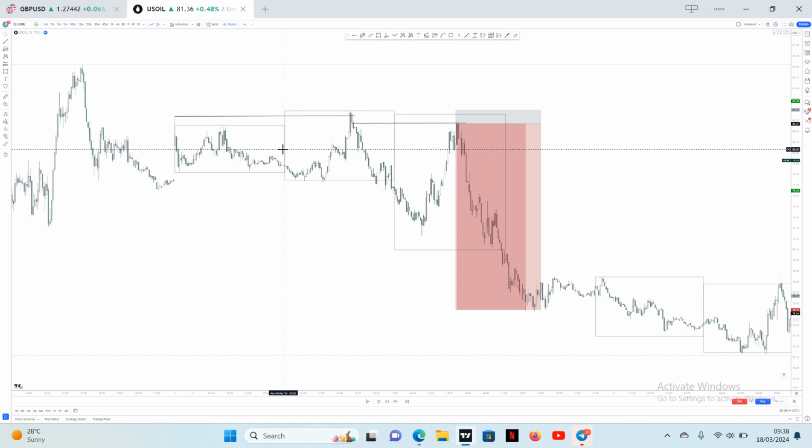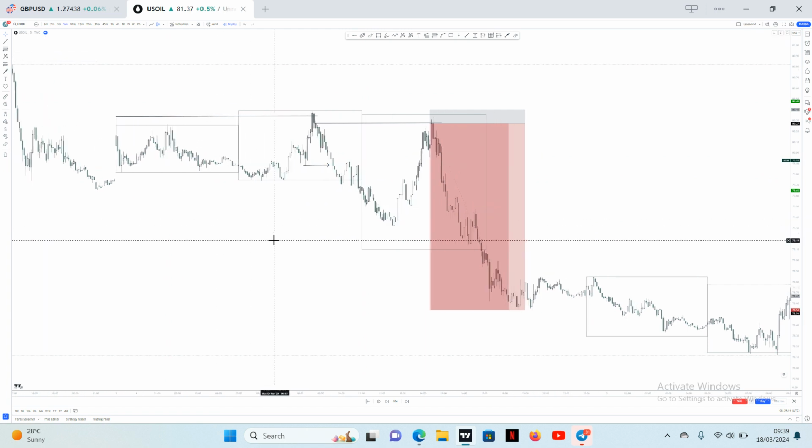At quarter two, from 5 a.m. till 11 a.m., price took the temporary high at exactly 8:35 and then gave me a market structure shift. Sorry guys, I'll make this a little bit thicker.